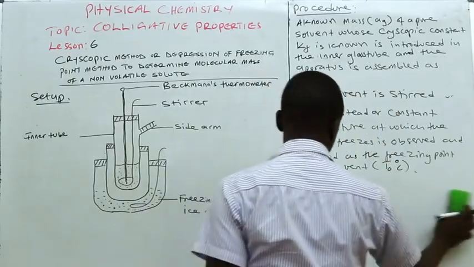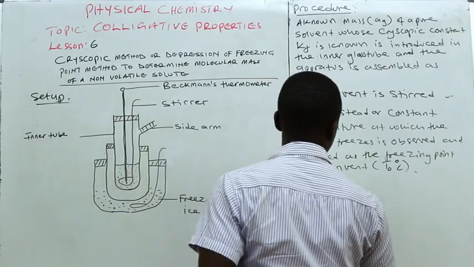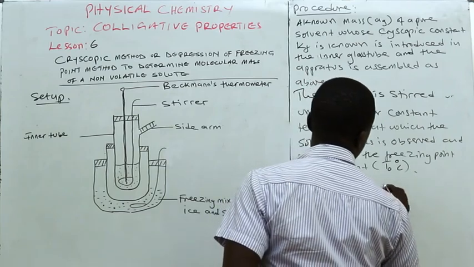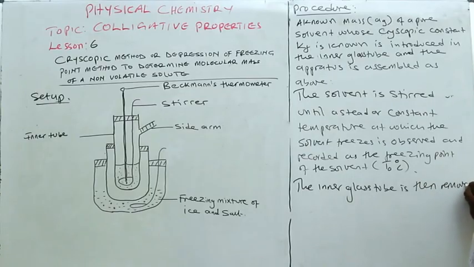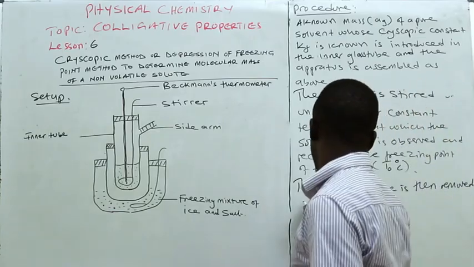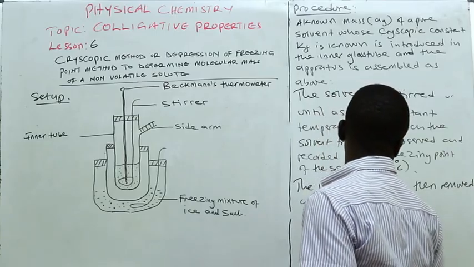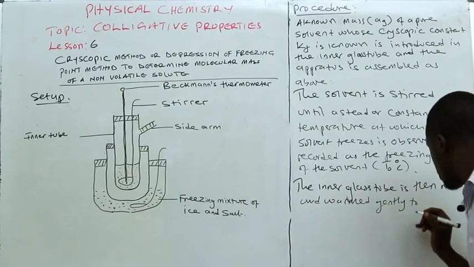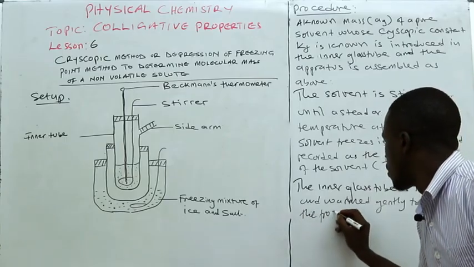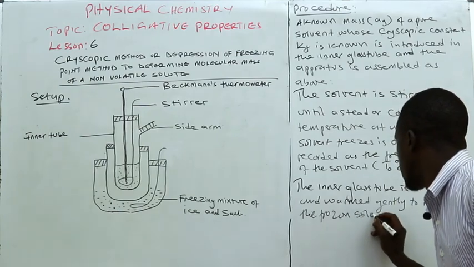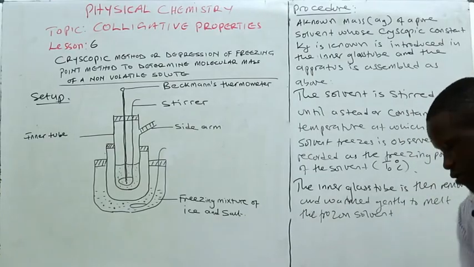So the inner glass tube is then removed, and warmed gently to melt the frozen solvent.